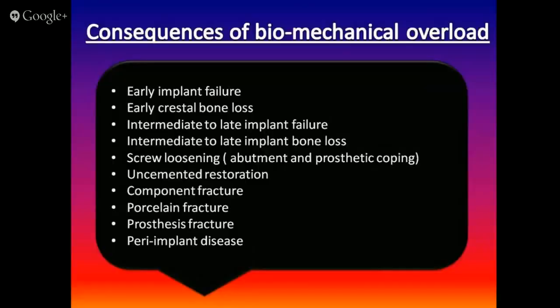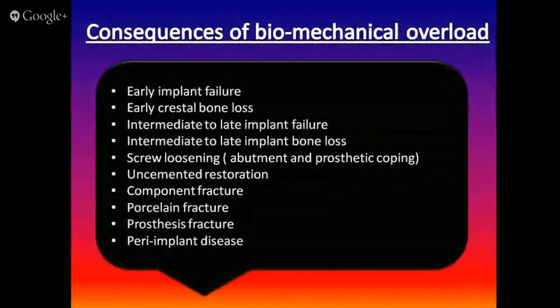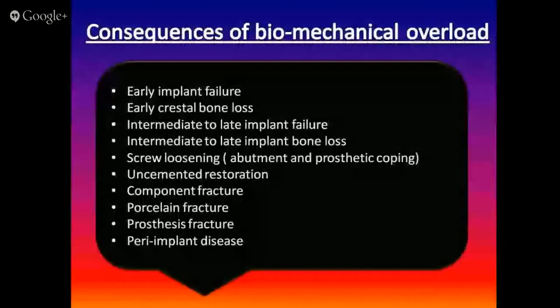Screw loosening, uncemented restorations, component fracture, porcelain fracture, prosthesis fracture, peri-implant disease. If any of these things happen, now I realize that I am to be blamed for this. So I wouldn't want to take responsibility for all of these, right? We do not want the patient to come back complaining of these symptoms.